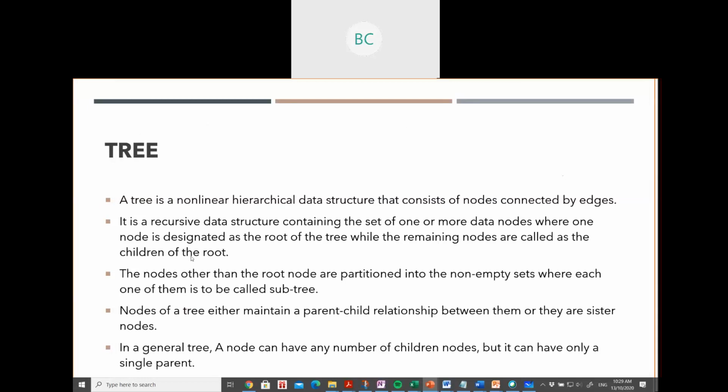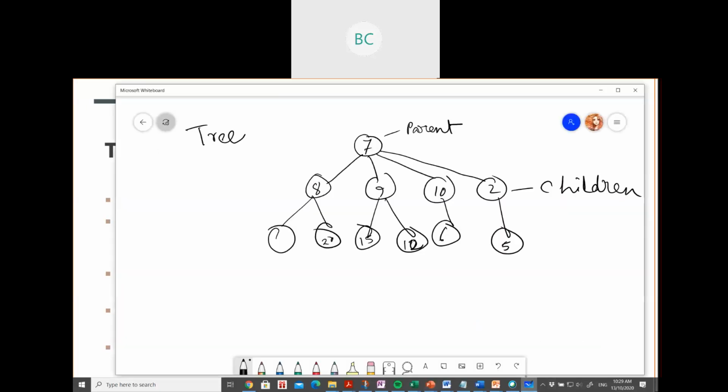I already mentioned that we either maintain a parent-children relationship, or they can be sister nodes. So this 7 node, and 8, 9, these nodes are children of your 7. Then these nodes are again children of this node.